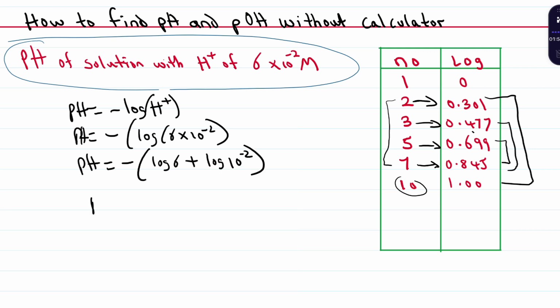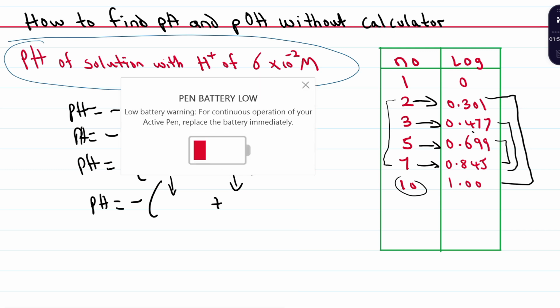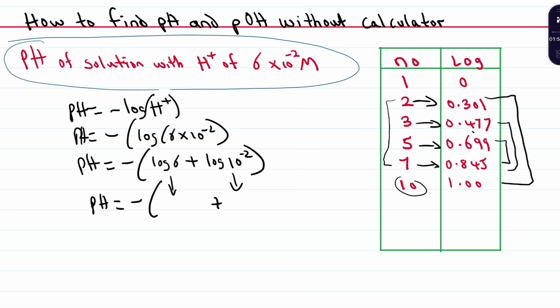We explained this earlier, so we have pH equals minus the value for our log 6 to be here, and the value for this to be here plus what our log 10 is to the power minus 2. Log base 10 of 10 is 1. So our answer will be minus 2. I hope you understand.